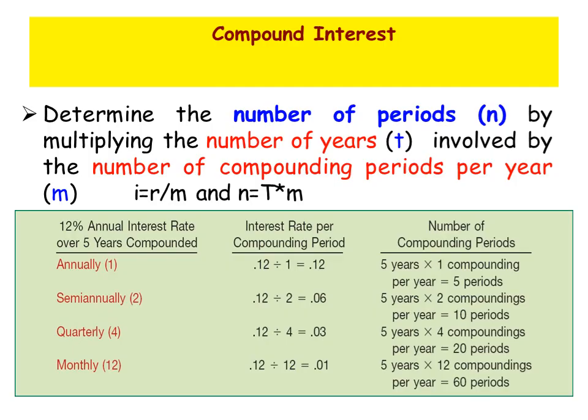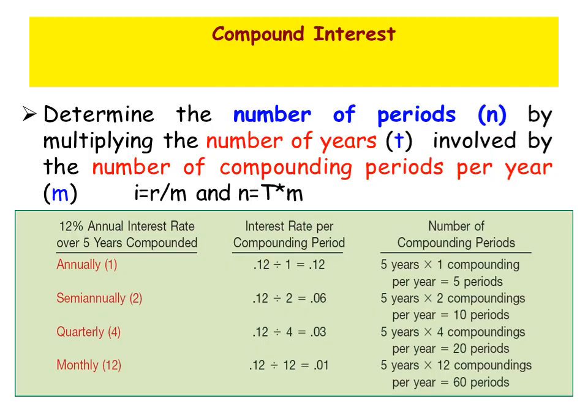Now let us calculate for annual compounding. The interest rate per compounding period: I is equal to r over m.